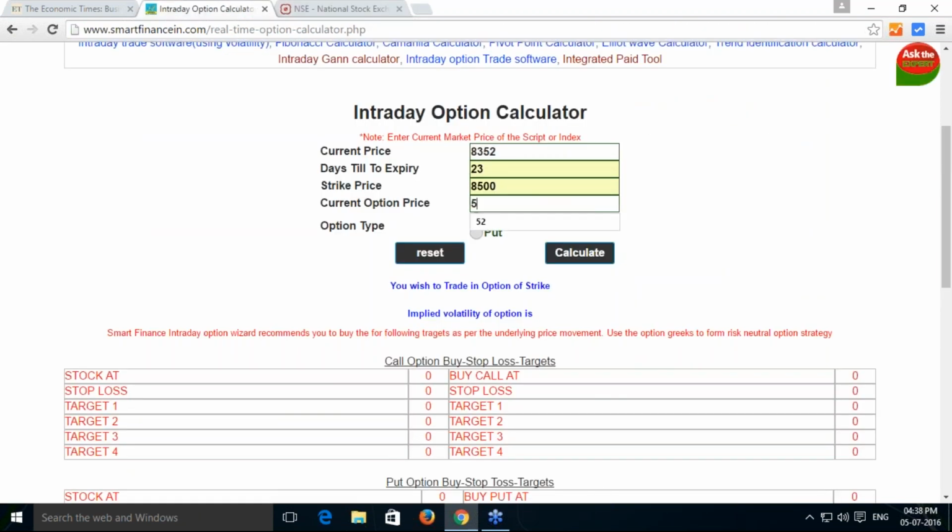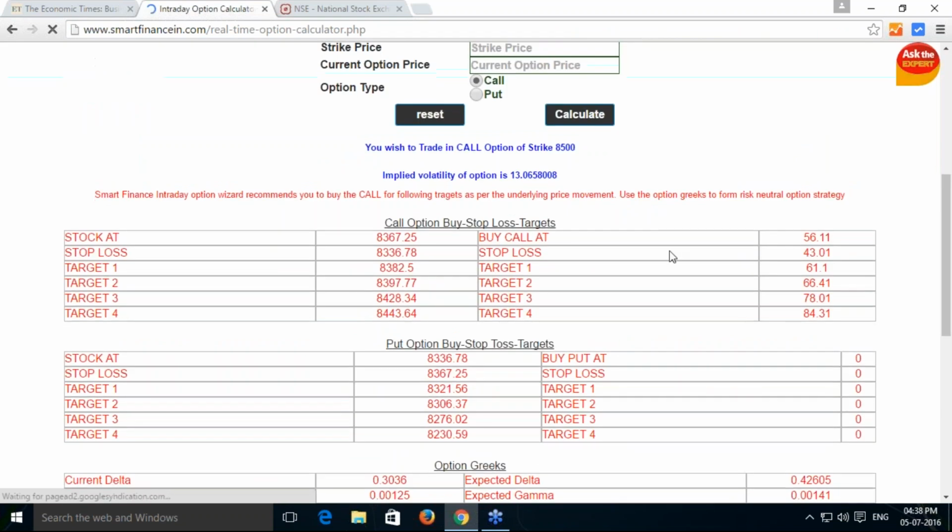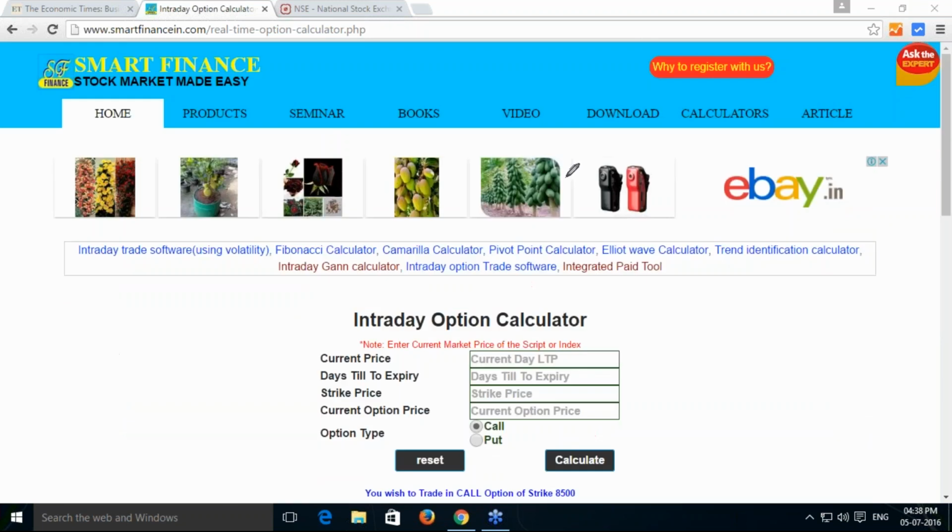So in a running market you will get one price, which is the premium at which the option is trading. That premium you need to punch in and hit the calculate button. Once you hit it, this calculator will calculate the implied volatility, which is very important here.